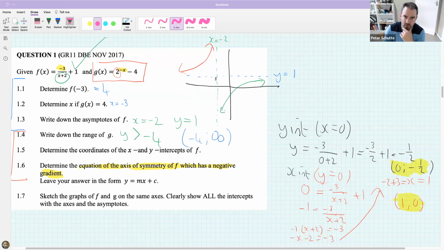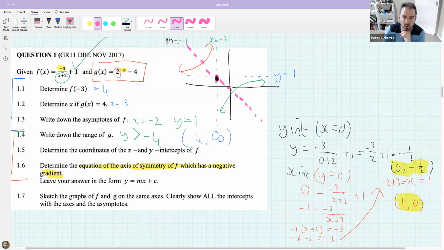They want to know the equation of the straight line that goes through that pink dot and it's like that. The thing you really need to know is that the axis of symmetry of a hyperbola will always have a gradient of 1 or -1. Because this axis of symmetry is negative, we know the gradient is -1 here. Now, all you need to do is think about the coordinate of this big pink dot.